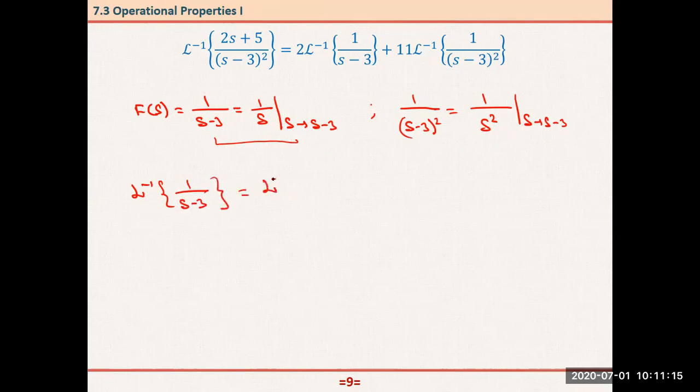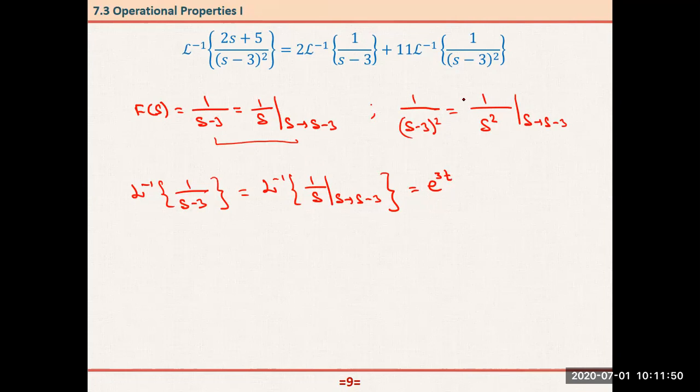And here I can write inverse Laplace transform of 1 over s, where s should be replaced by s minus 3, right? So when it is 1 over s, we know the inverse Laplace is just equal to 1, right? So here we have just 1, and because of this s minus 3, here we have e to the power 3t, right? And here I have 1.